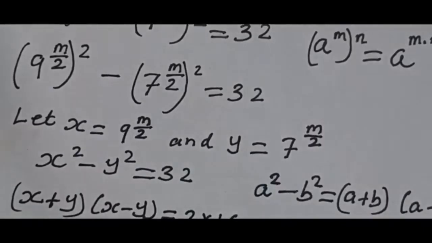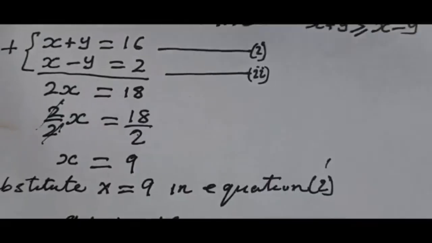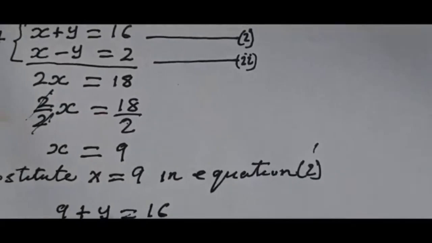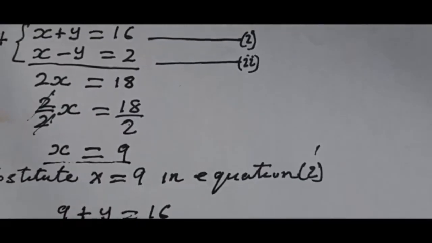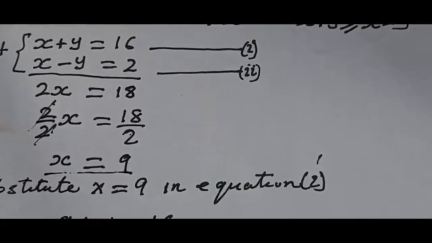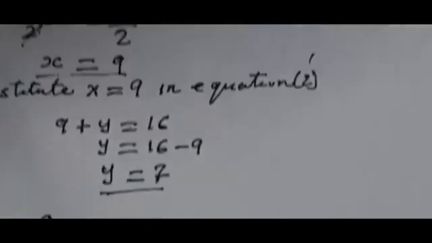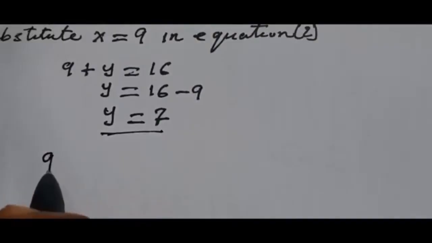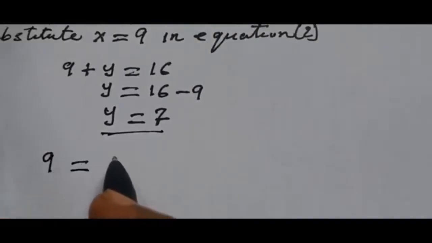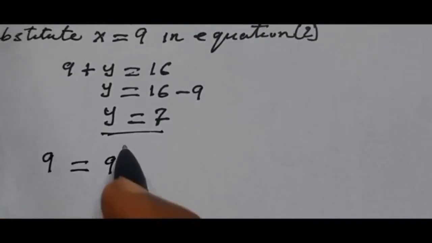So we have x, which is 9, equals 9 raised to power m over 2.